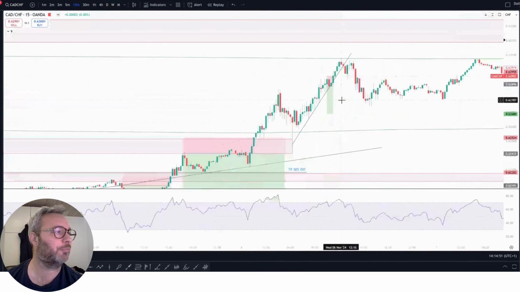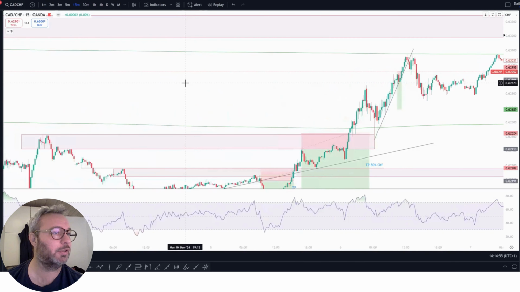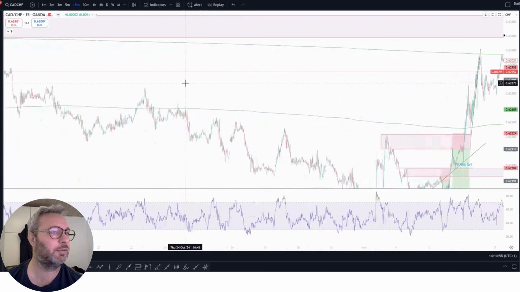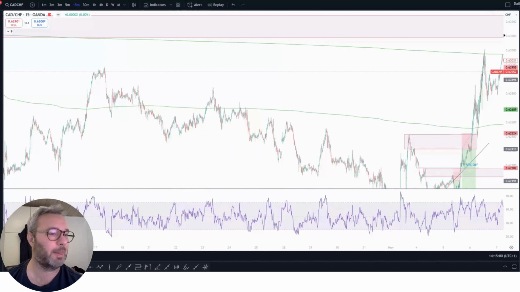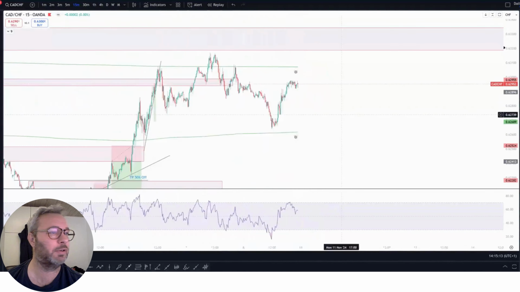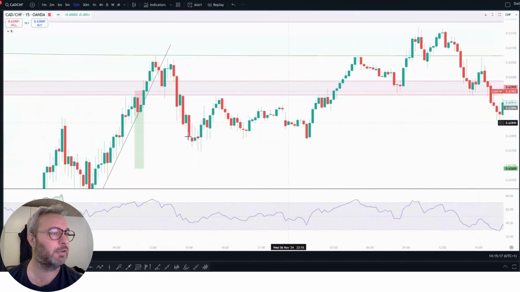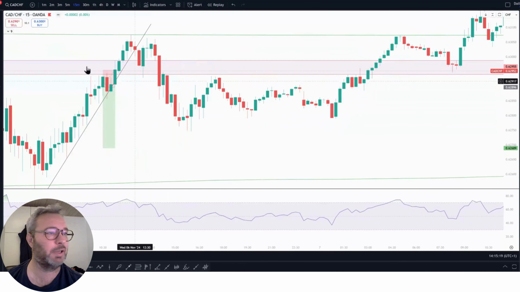And here, from here, I had the resistance area right here. Yeah, so price rejected from my resistance area.